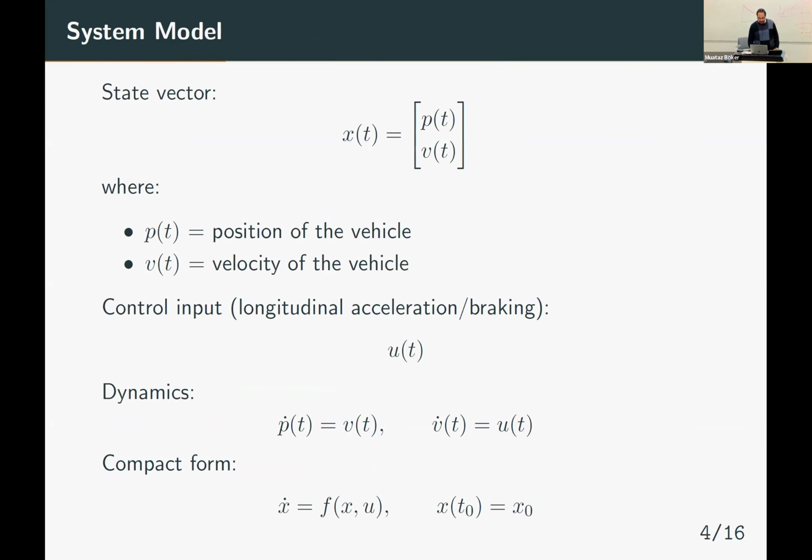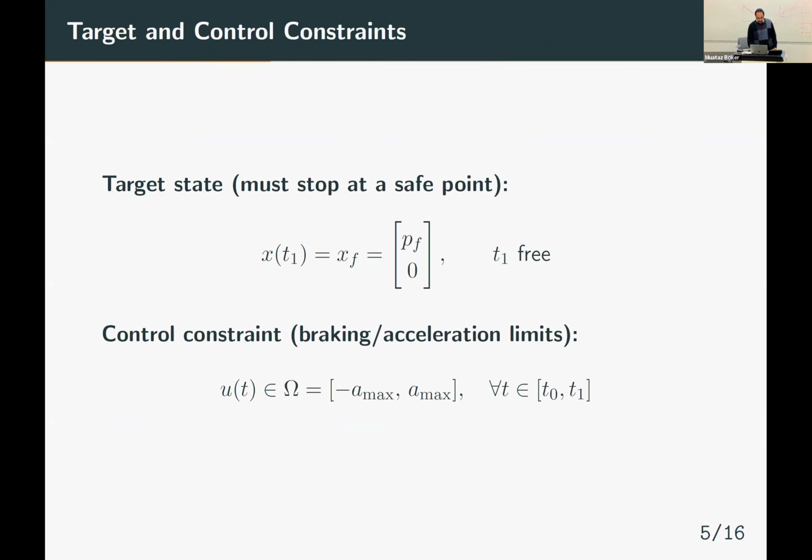In this case we have a target set, or target state, which is the final state, and T1 is free. We have constraints on the input, and this is something also that is lacking in the variational approach. We need to consider constraints on the input for physical reasons.